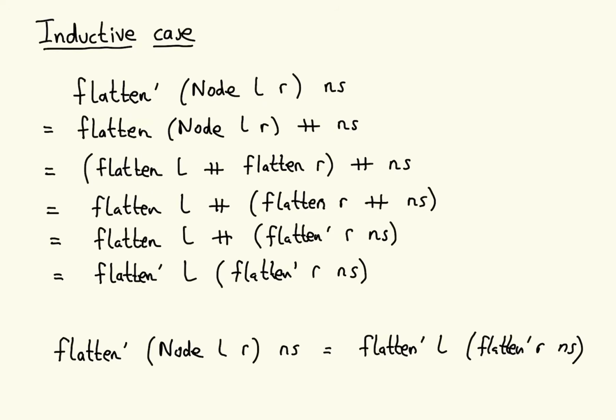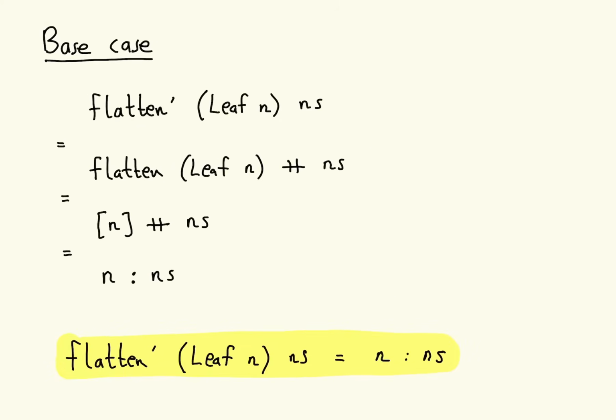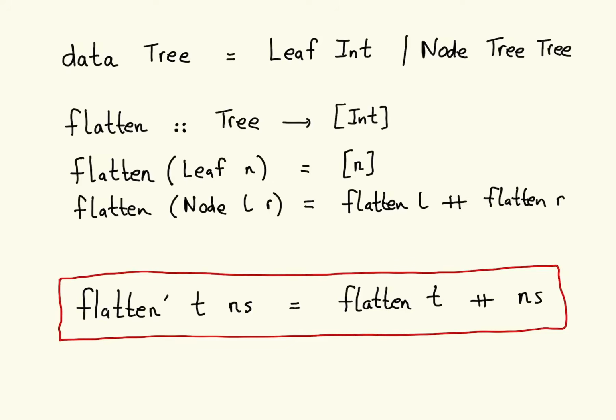And by construction, this recursive case here satisfies this equational property in the red box. So we know that flatten prime of t and ends is going to have the same behavior as simply flattening the tree and then appending the list on the end.